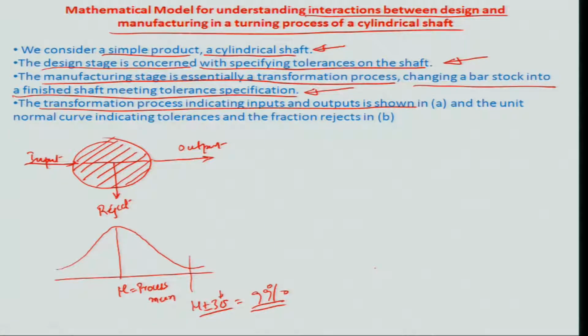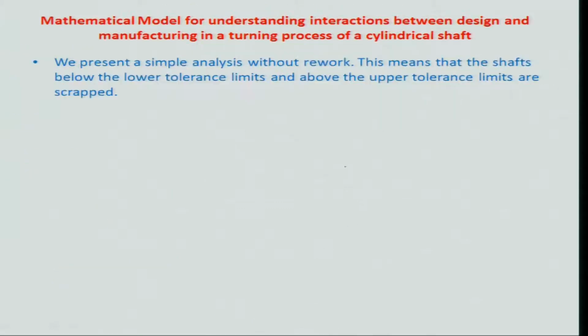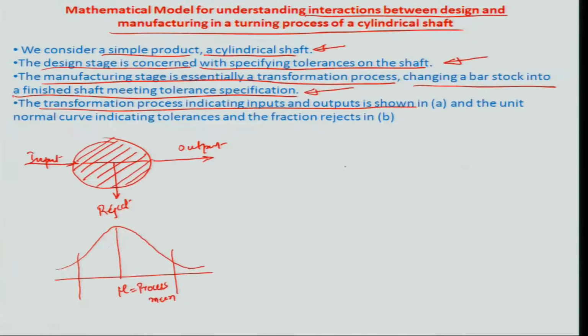In this particular case, we have a tolerance value given by the drawing. Let's eliminate this mu plus minus 3 sigma, because as I described earlier, that is a process capability issue. Here the tolerance values coming from the design have an upper tolerance limit and a lower tolerance limit.